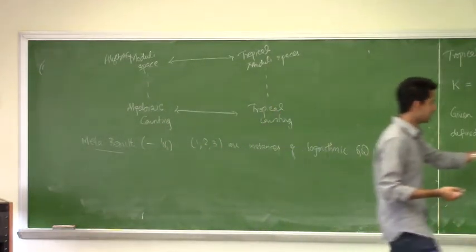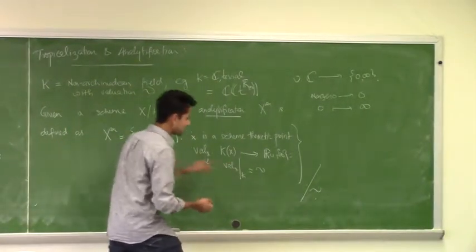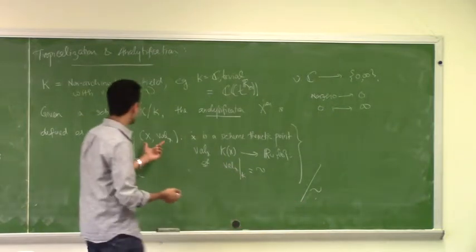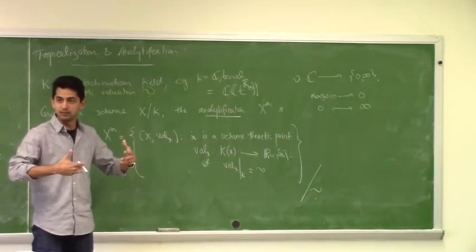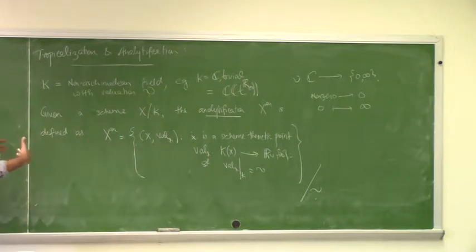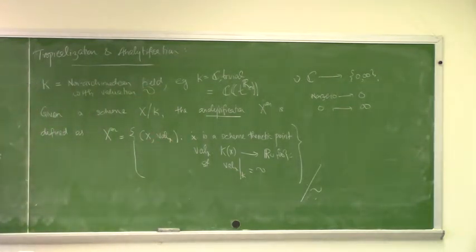If I have a scheme theoretic point and want two such pairs to be identified, certainly the scheme theoretic points have to be identified, and then both residue fields go into some larger residue field with a valuation on that, such that it restricts to the right one on both. So it's the same equivalence relation that you're used to from scheme theory. It's just that you keep track of the valuation as well along the way.